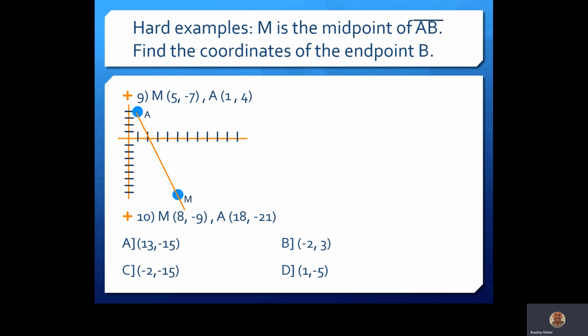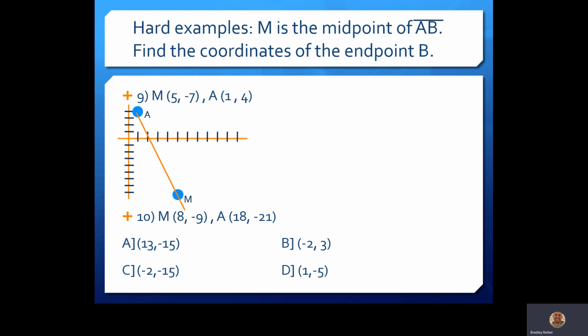Here's an example. It's listed as a hard example. M being the midpoint of segment AB, find the coordinates of the endpoint B. So notice how they show you that M, which is the midpoint, lives at (5, -7). That's down there in quadrant 4. Point A lives at the ordered pair (1, 4).